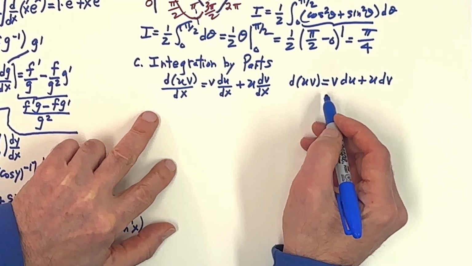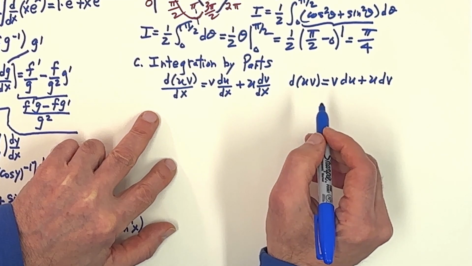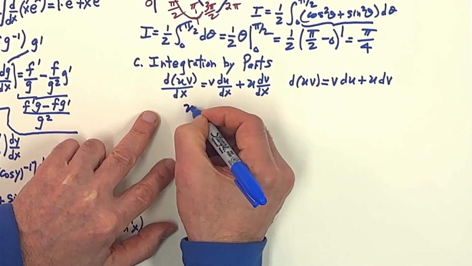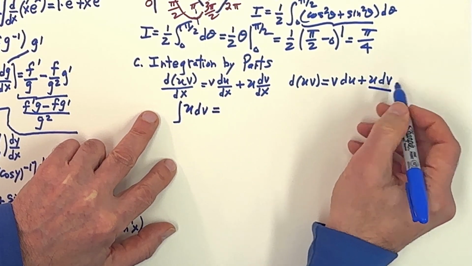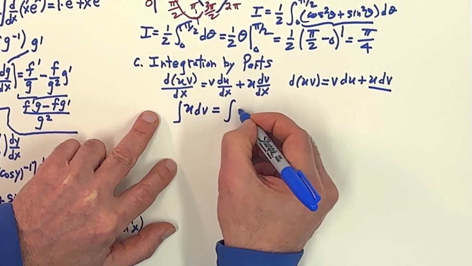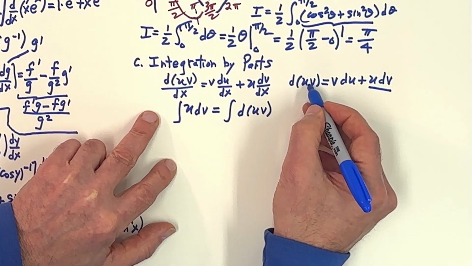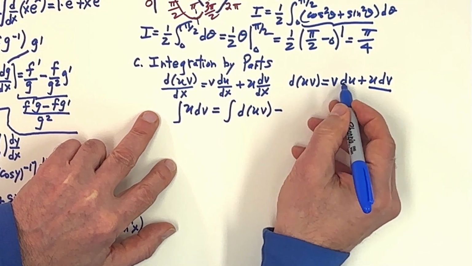So now what we do is we say we have one of these. Say we have a u dv like this. So you have this one that you're trying to figure out. Well, that would be equal to the left side with an integration minus this part.